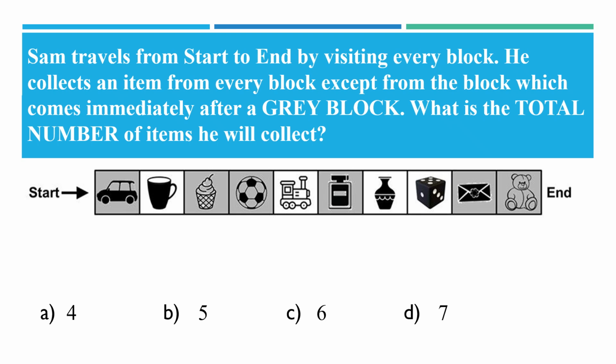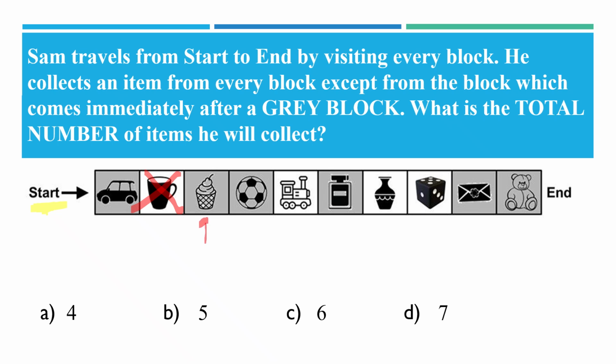Okay. First, let us check the items which come immediately after a gray block. So if he starts somewhere here, the first block itself is a gray block, so the immediate block has an item which is not collected. Great.